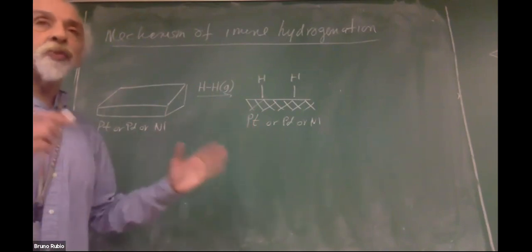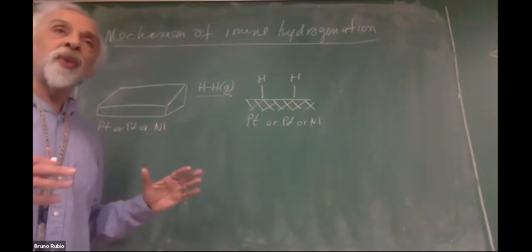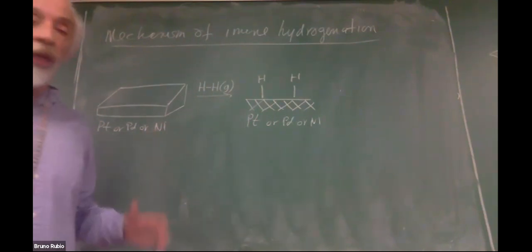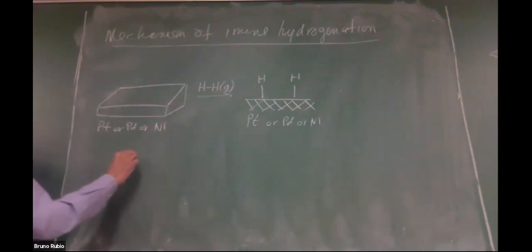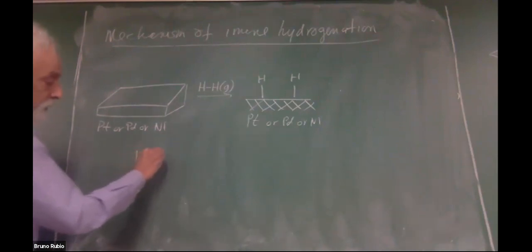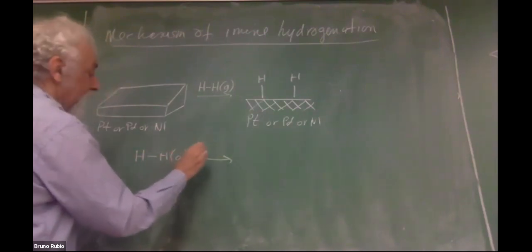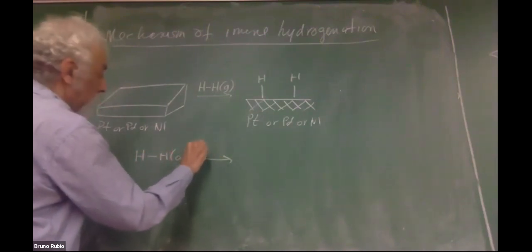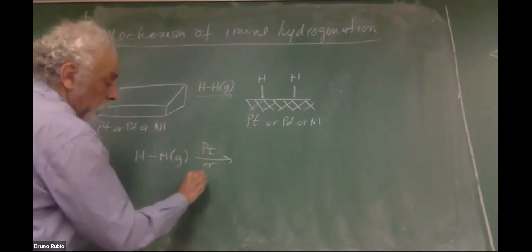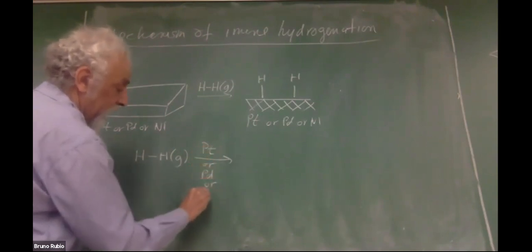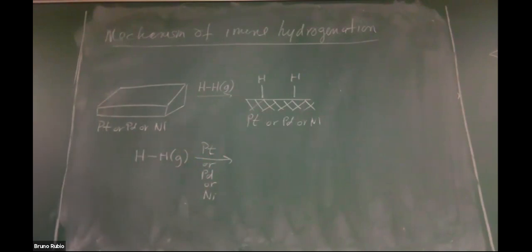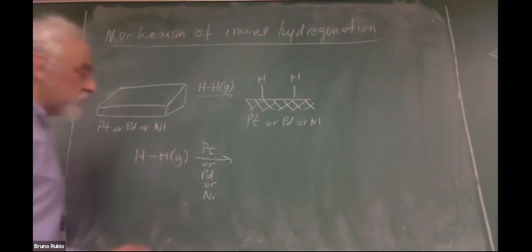Okay, so this is one way of representing this first step of the mechanism, which is this dissociative adsorption. Let's represent it in another way, in a much more conventional way. We would take hydrogen gas and expose the catalyst to the hydrogen gas. And what has happened is this hydrogen-hydrogen bond breaks, and now the hydrogen is bonded to the catalyst surface.